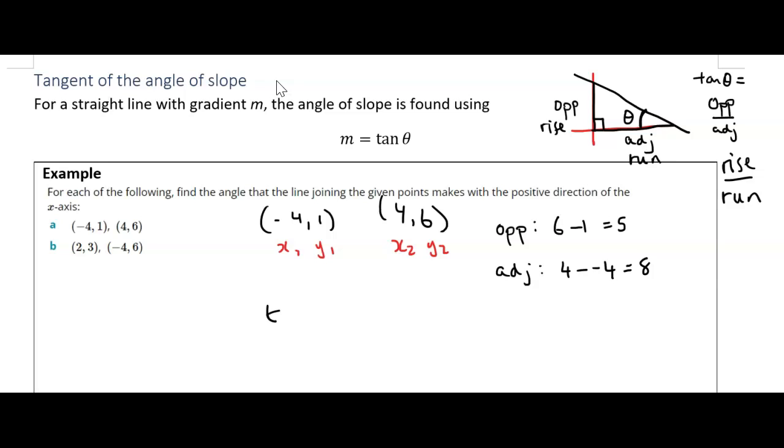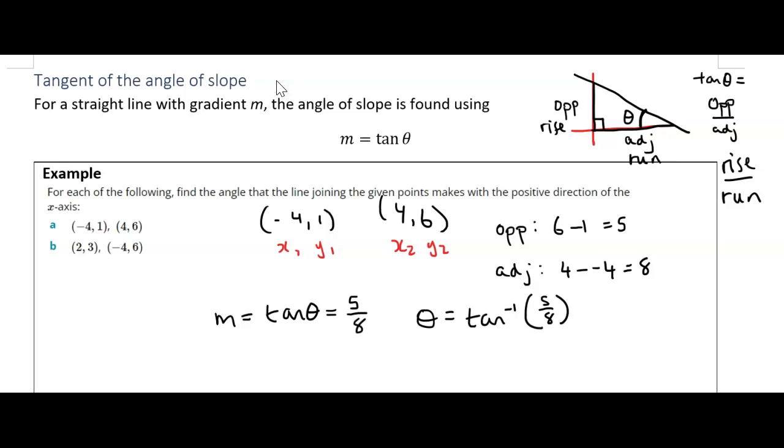So tan theta, sorry, I should do m, which is your gradient, equals tan theta equals 5/8. Okay, so that's our gradient, 5/8. If you want to find the angle, remember we just do inverse tan.